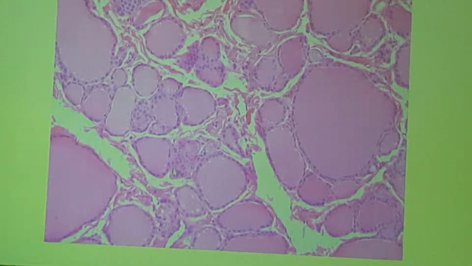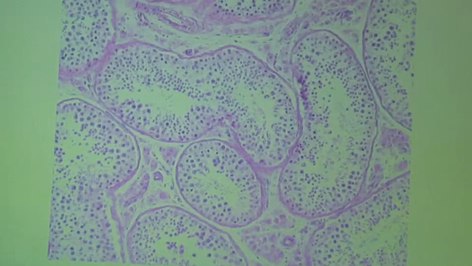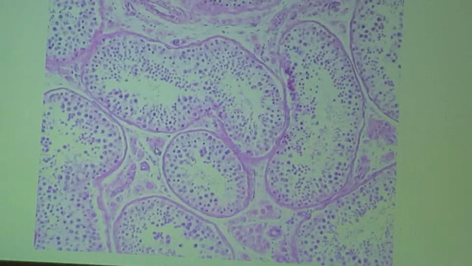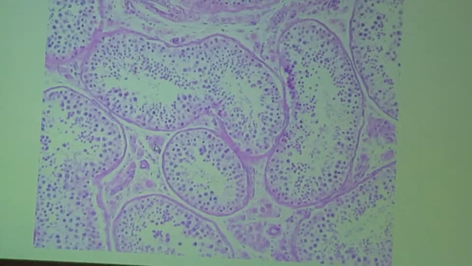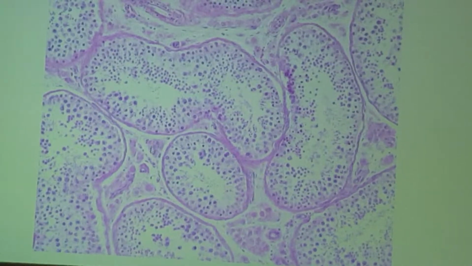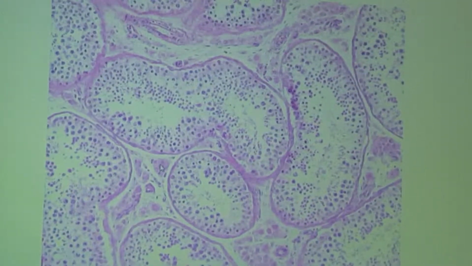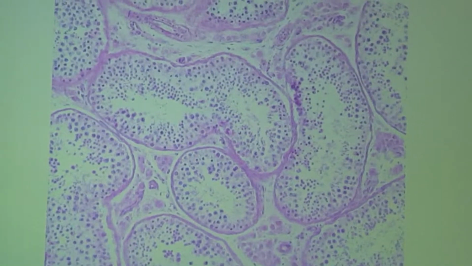To review one more time. 28, identify the organ, testis. 29, identify these cells, interstitial cells of Leydig, or if you just called them Leydig cells, that would be fine too. Interstitial cells, I would accept. Interstitial cells of Leydig, Leydig cells, all talking about the same cells.